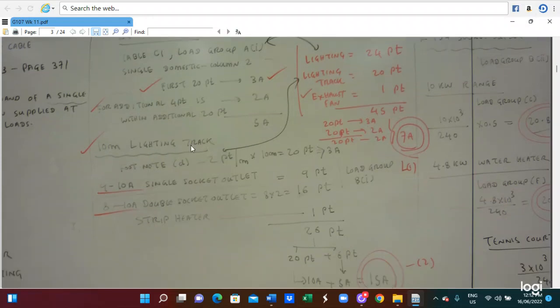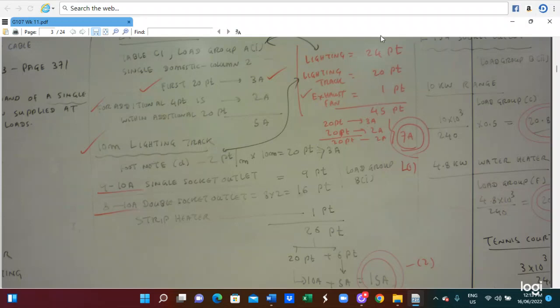For the 10 meter lighting track, we have to see footnote D. Every 1 meter is equivalent to 2 points. So 10 meters multiplied by 2 points gives 20 points. The lighting track is 20 points. The program also mentions the exhaust fan.